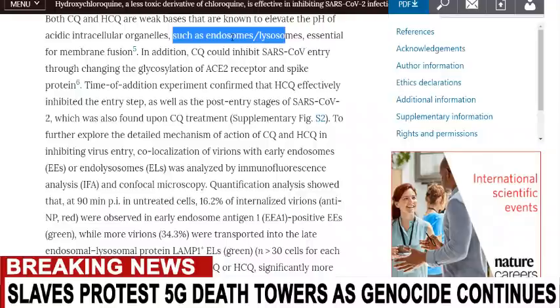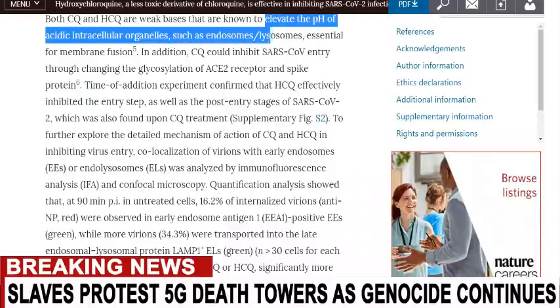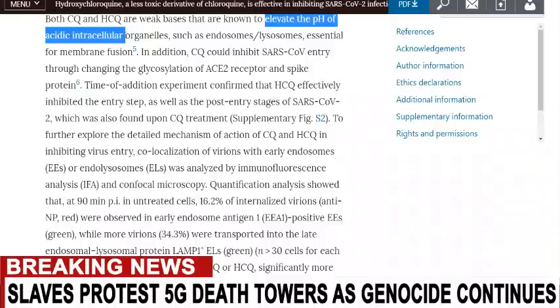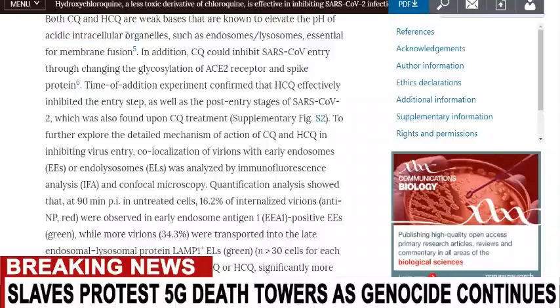What they're discovering here, why is there a big buzz about hydroxychloroquine? It's because it elevates the pH inside the cells and the organelles. But essentially the chemistry within the cell is a little more basic or acidic or neutral.